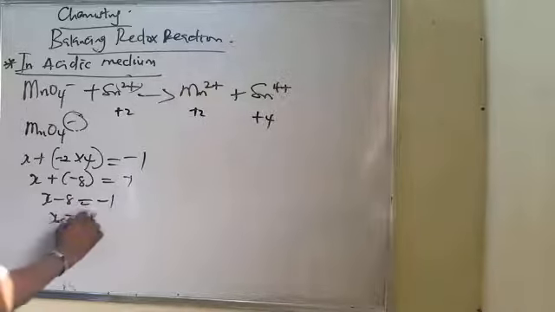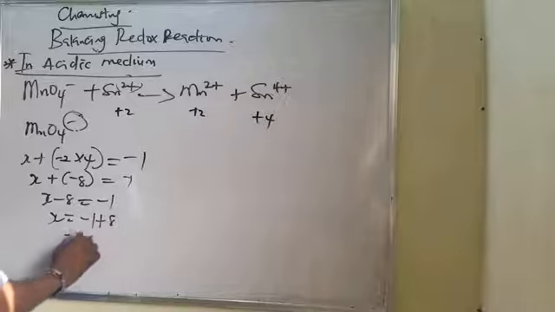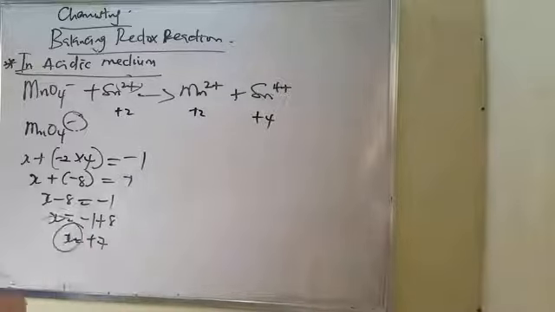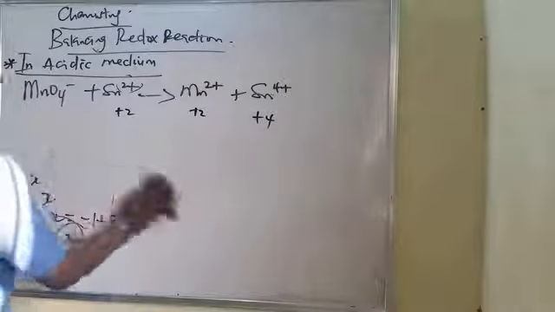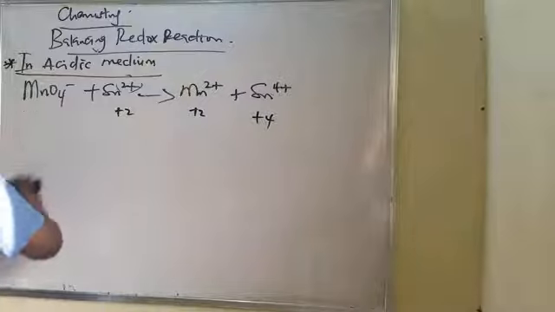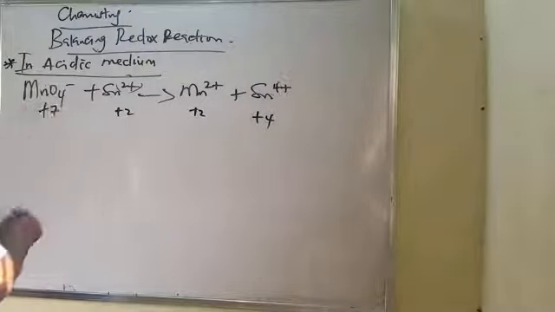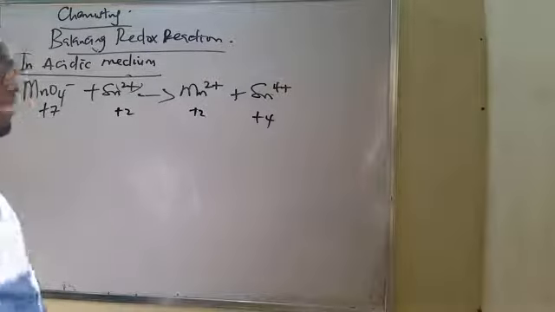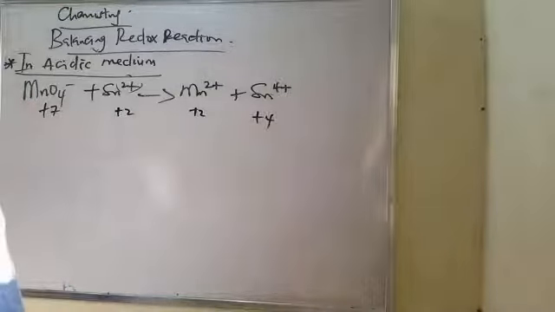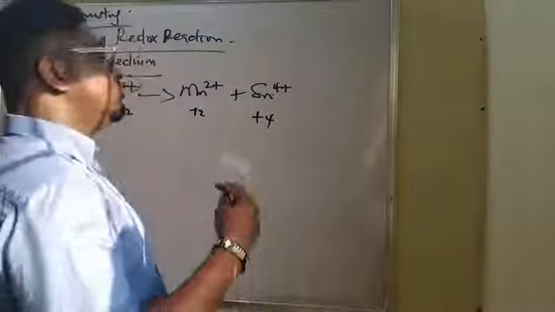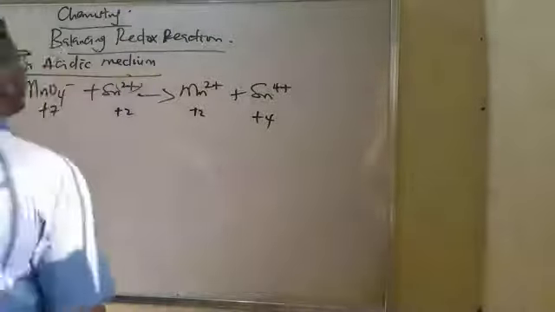So x is equal to -1 plus 8, x is equal to +7. So the oxidation number of manganese in that complex is +7. So we can clearly state that manganese is being reduced from +7 to +2, based on our definitions of oxidation and reduction as given in the last class.